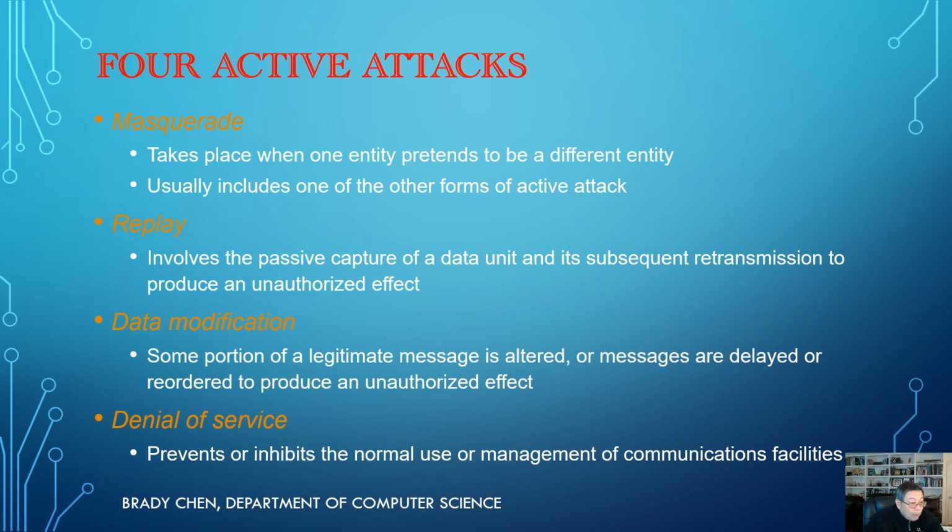Okay, so let's talk about the four active attacks. The first one is masquerade. Masquerade takes place when one entity pretends to be a different entity. For example, authentication sequences can be captured by an opponent and replayed after a valid authentication sequence has taken place, thus enabling an authorized entity with few privileges to obtain extra privileges by impersonating an entity that has those privileges.